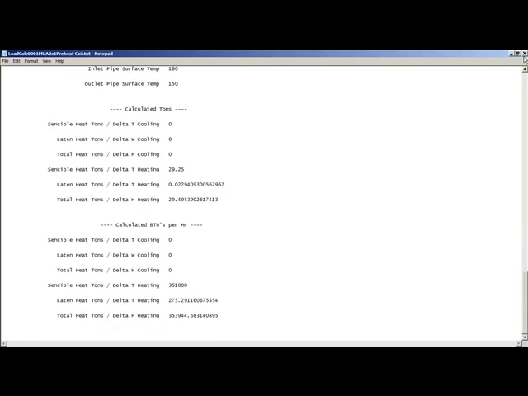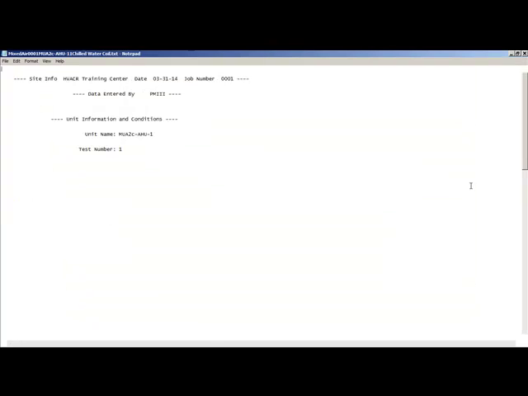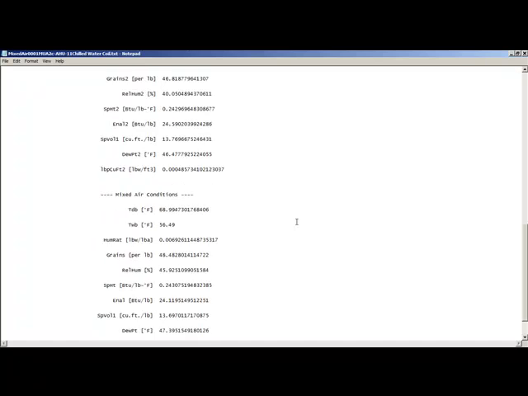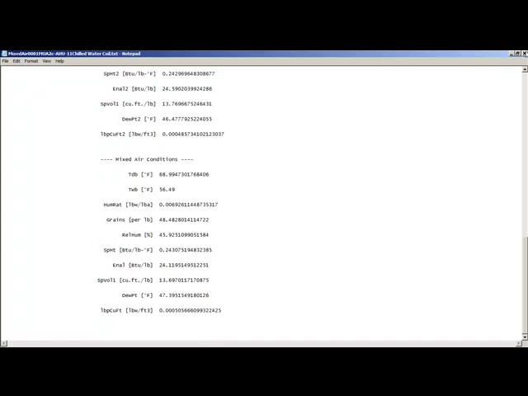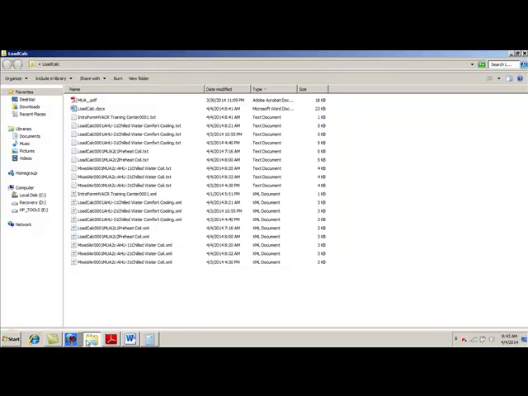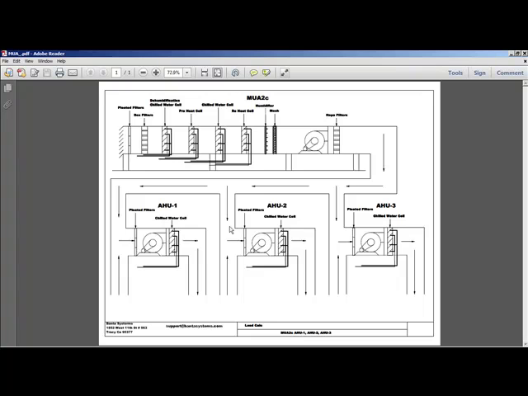Calculated GPM and BTUs. And then we have our mixed air calculations with all the data that we need. So this gives you unlimited power to do a massive amount of psychrometric algorithm calculations, load calculations, and equipment data.